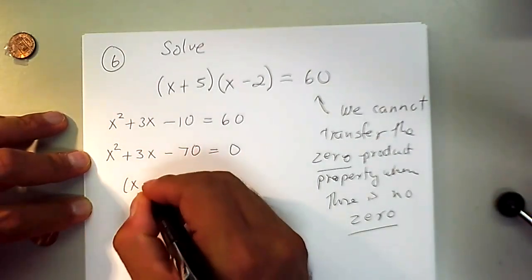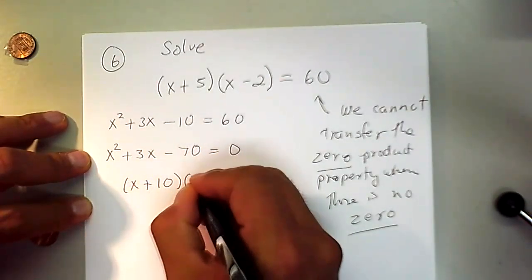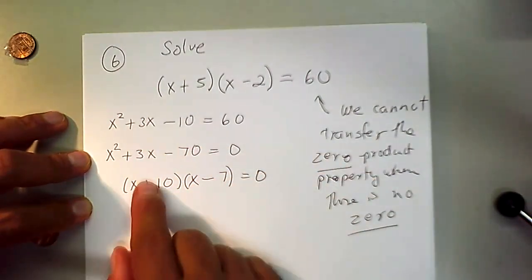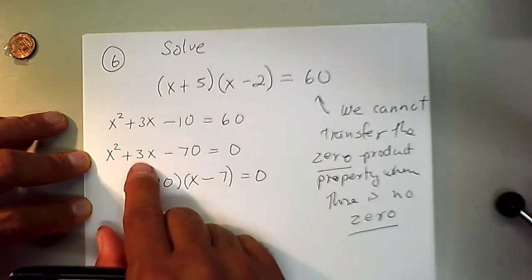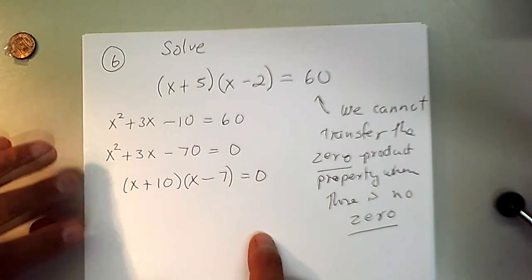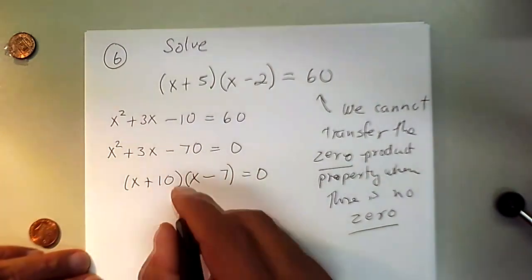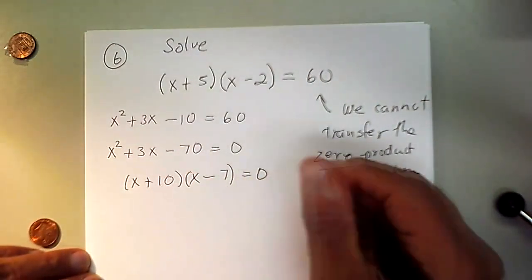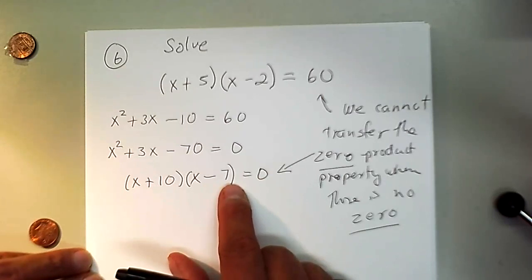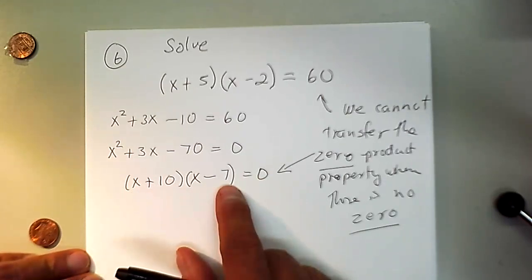So x plus 10, x minus 7 equal to 0, because 10 minus 7 gives us the 3, and 10 times negative 7 gives us negative 70. Sure, that works. So now we have 0 on this side of the equation, and we have a straight product.